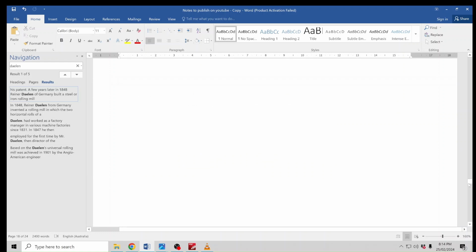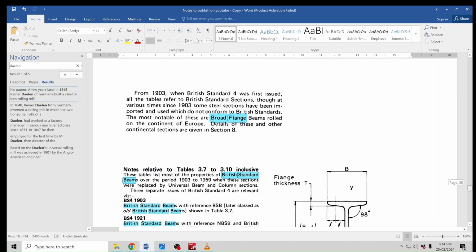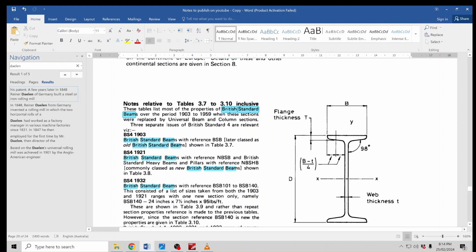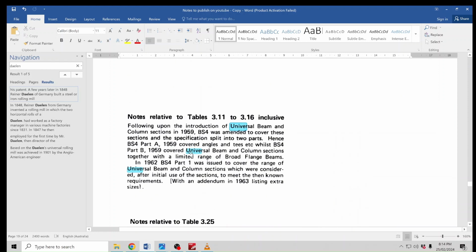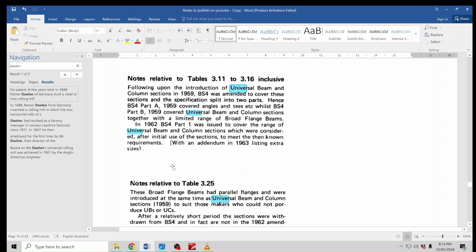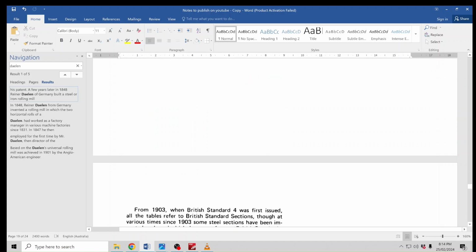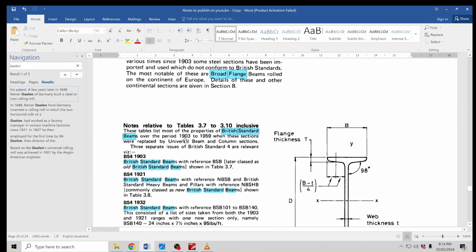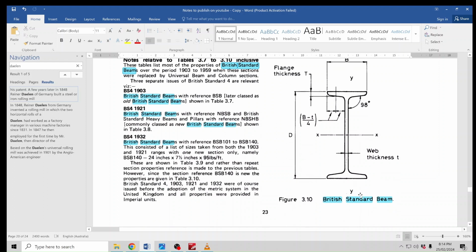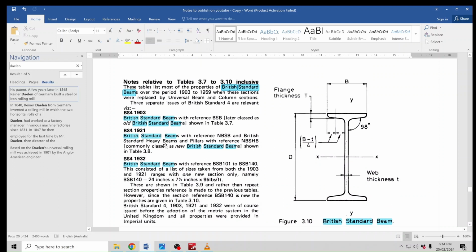But if we go down further here, following the introduction of universal beams and columns sections in 1959, BS4 was amended to cover these sections and the specification was split into two parts. So in 1959 is when Britain started to really get involved in these universal beams as opposed to the standard British beams.